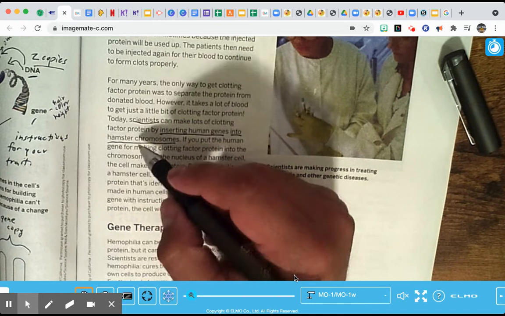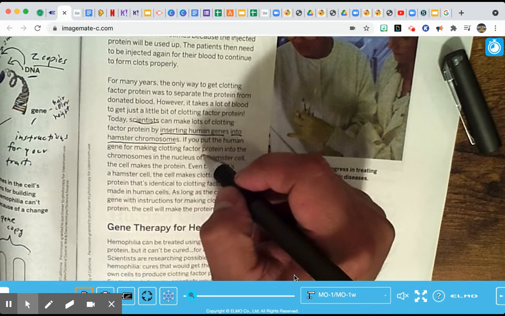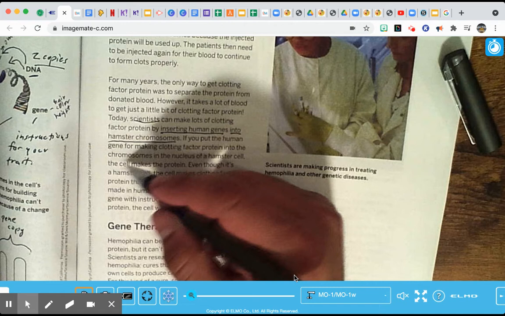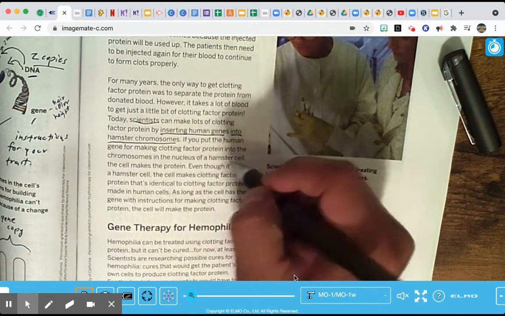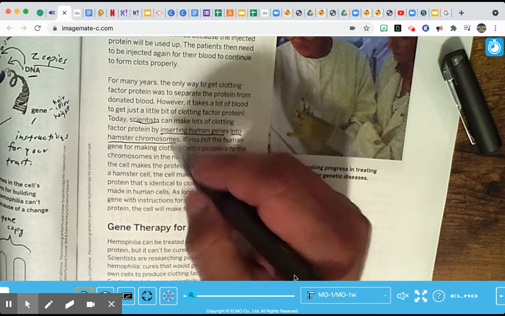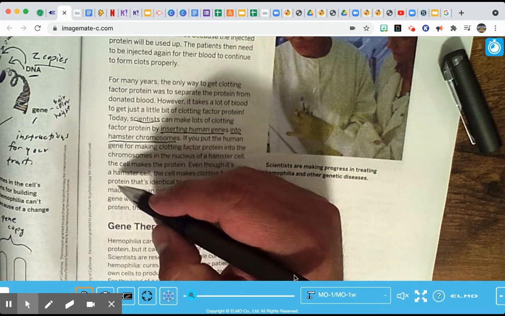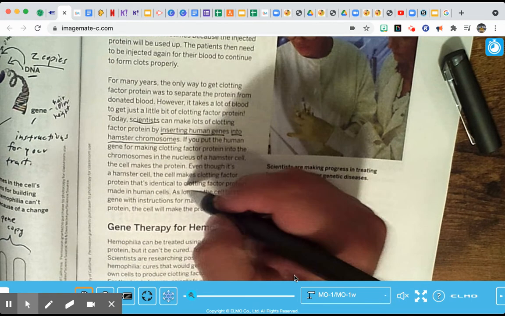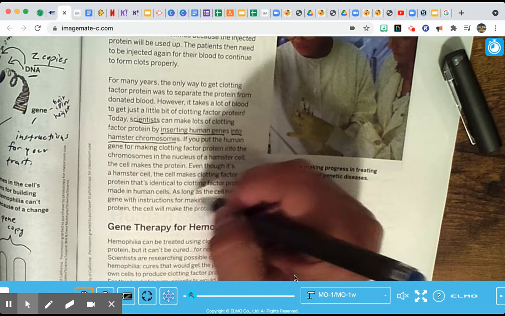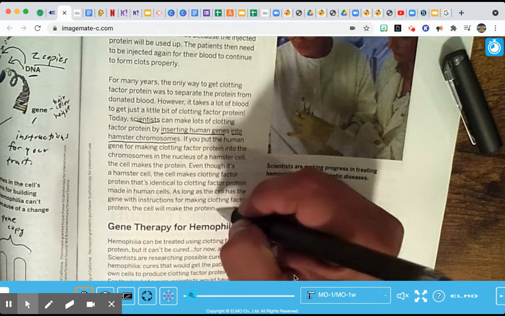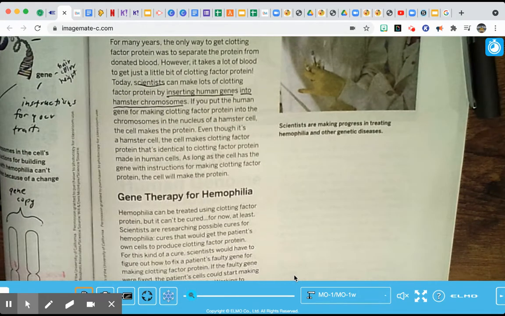If you put the human gene for making clotting factor protein into the chromosomes in the nucleus of a hamster cell, the cell makes the protein, even though it's a hamster cell. The cell makes clotting factor protein that's identical to clotting factor protein made in human cells. As long as the cell has the gene with instructions for making clotting factor protein, the cell will make the protein. Interesting.